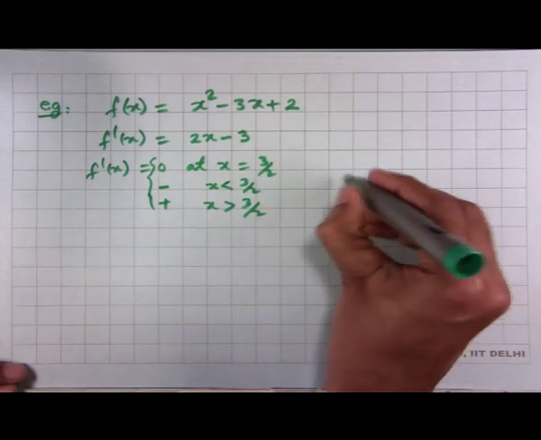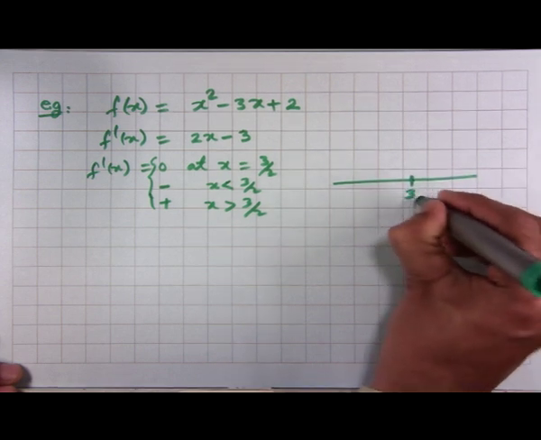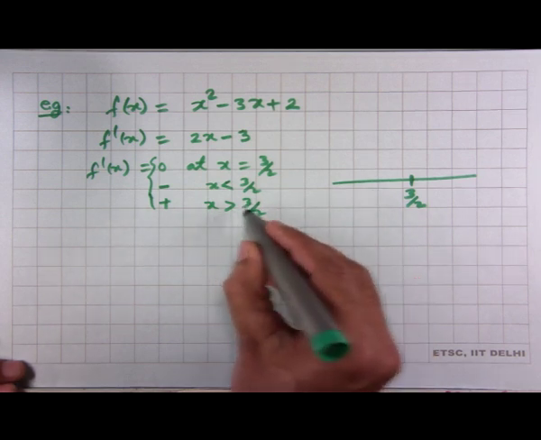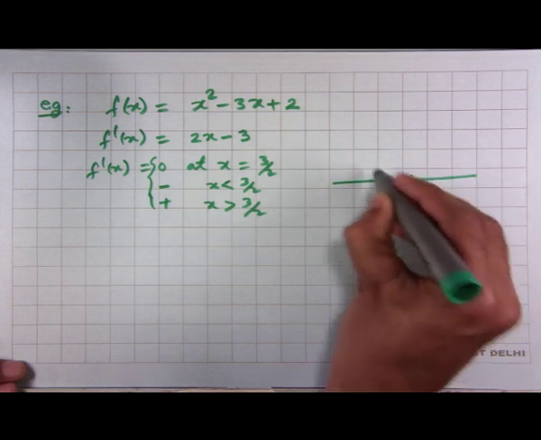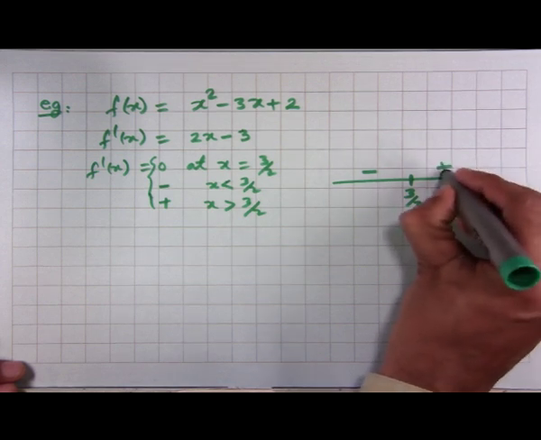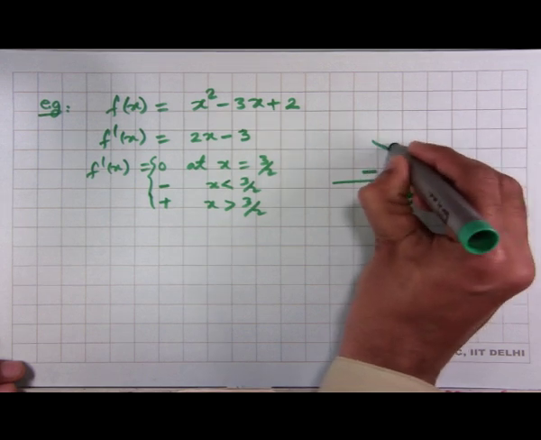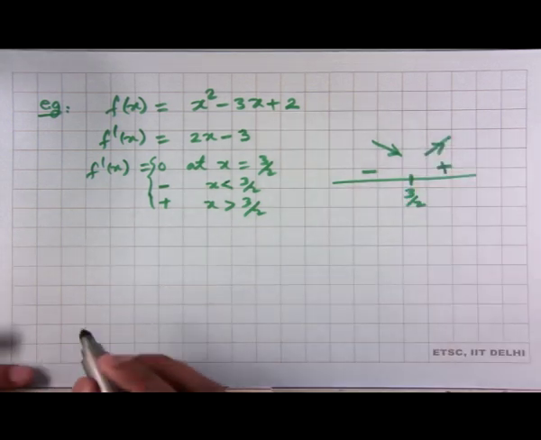So, we get this point 3 by 2, and for x less than 3 by 2 the derivative is negative, and for x greater than 3 by 2 the derivative is positive. That means that the function must be decreasing to the left and increasing to the right of 3 by 2.